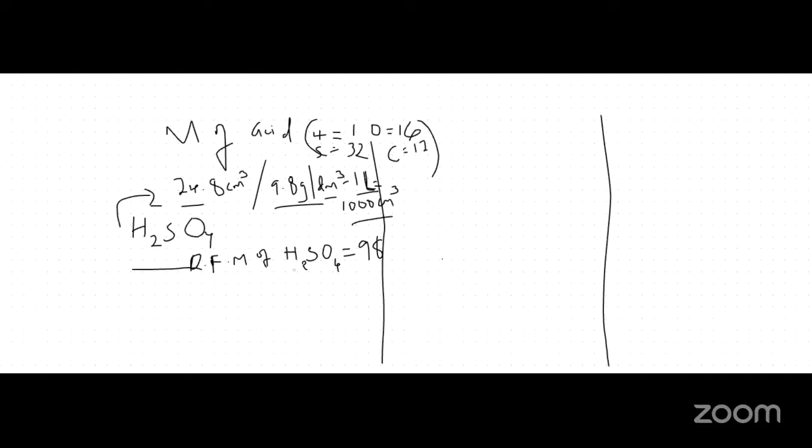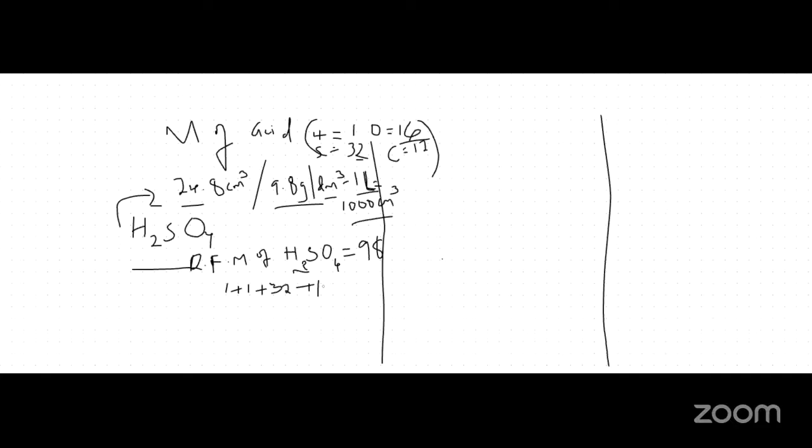We have 2 hydrogen, so it is 1 plus 1 for hydrogen, plus sulfur, which we have been given as 32, and it is only 1 sulfur, so plus 32, plus the oxygen, which are 4, and the mass of a single atom of oxygen is 16. That is why we are saying 16.